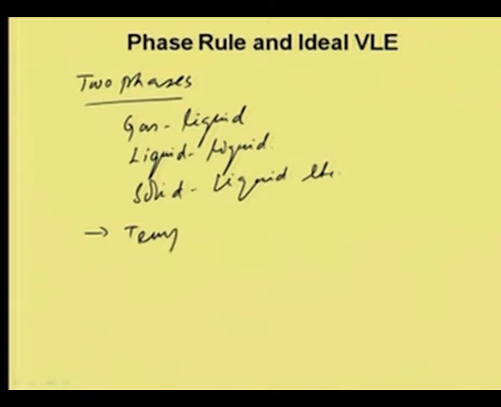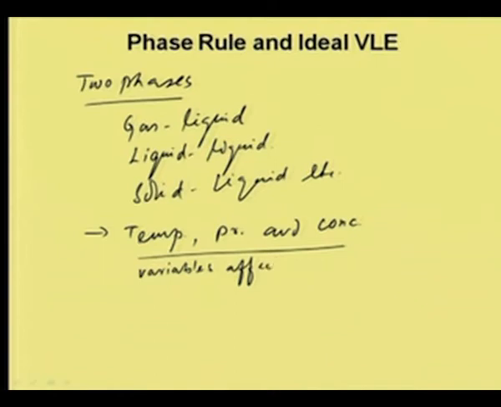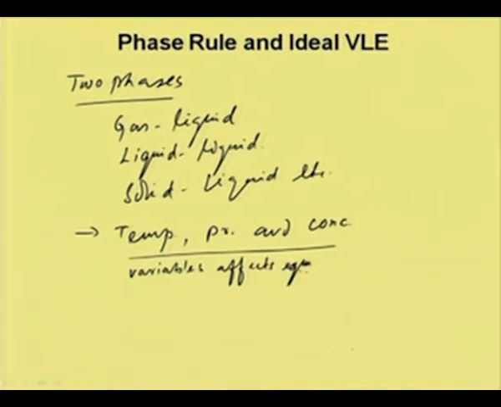Temperature, pressure and concentration are the variables that affect equilibrium. The equilibrium between the phases for a given situation is restricted by the phase rule.